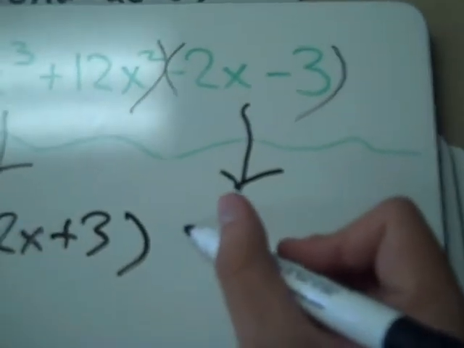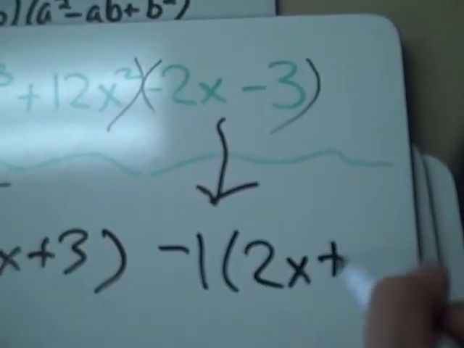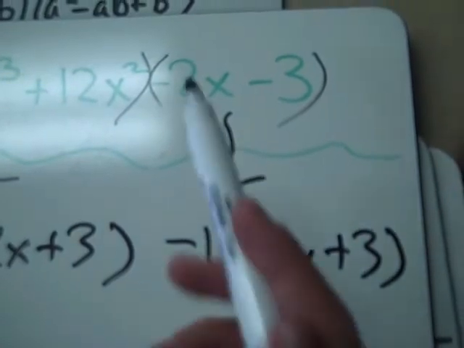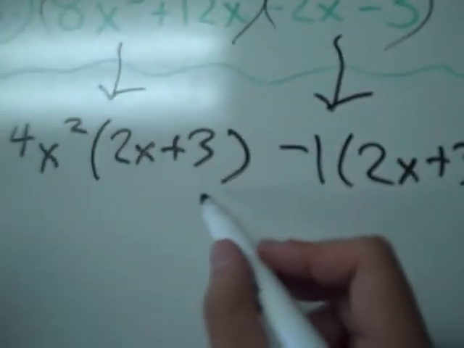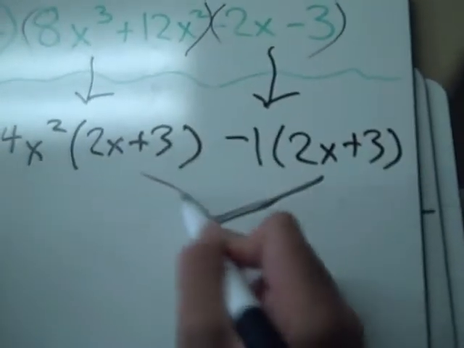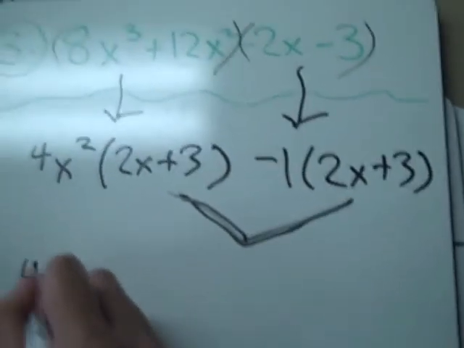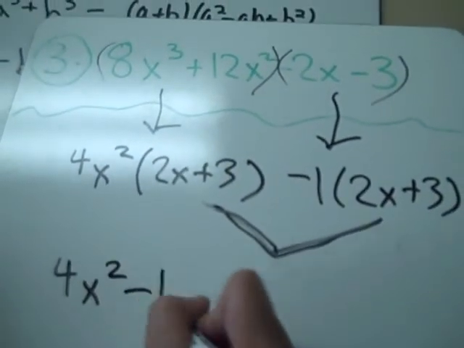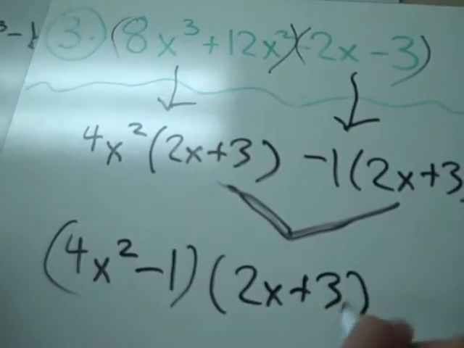Take out the greatest common factor, which is -1. -1 times 2x plus 3, because -1 times 2x is -2x, and -1 times 3 is -3. Then, you see how these two are the same? Now combine these two, so you have 4x squared minus 1 is one part, and 2x plus 3 is another part.